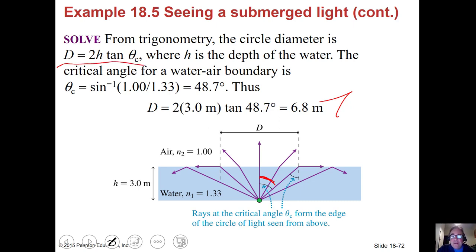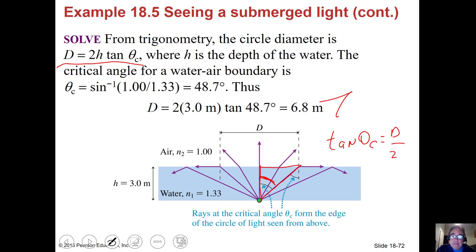So if that's the critical angle that I just marked, the tangent of the critical angle, theta critical, would be the opposite side of the triangle that we're looking at. This is the triangle that we're looking at. So the opposite side would be the diameter divided by 2, so d over 2. So opposite over adjacent.